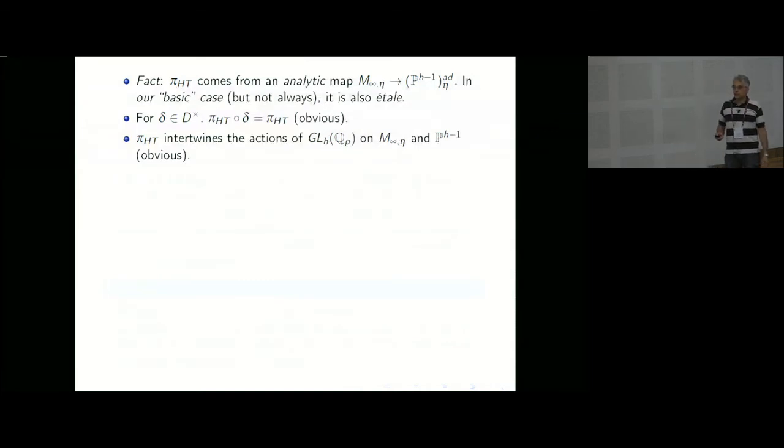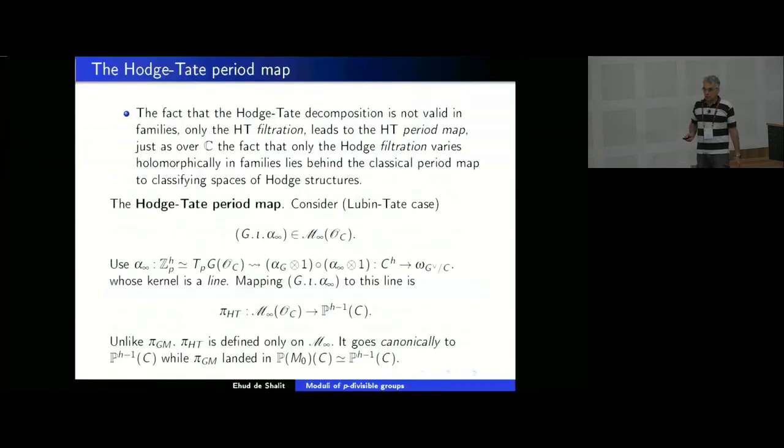Again, like the Grothendieck-Messing map, it commutes with the action of D, of the multiplicative group of D on the moduli space, because it doesn't really use iota, okay? Out of G, iota and alpha infinity, it only uses G and alpha infinity. There's no mention of iota, and delta only changes such a triple by acting on the iota.